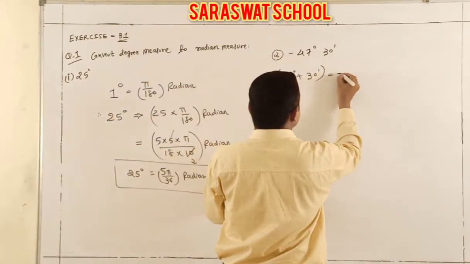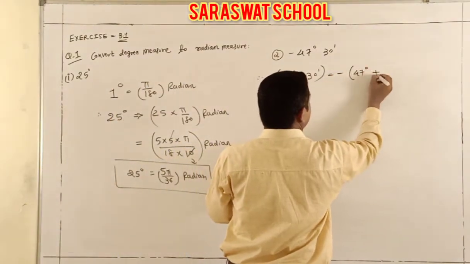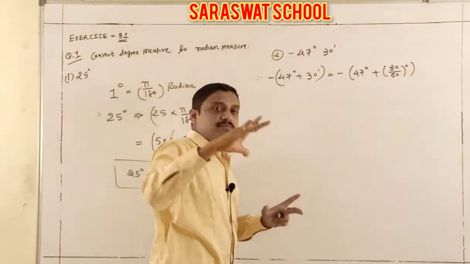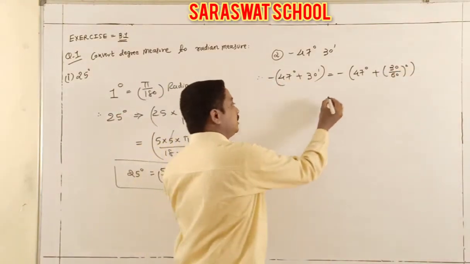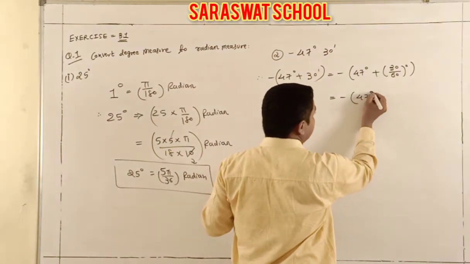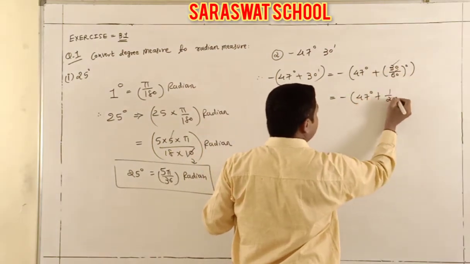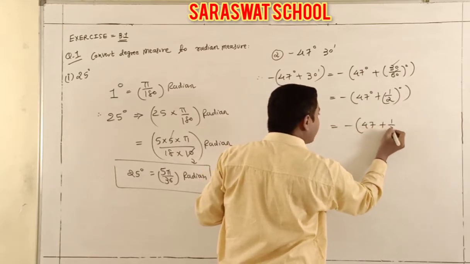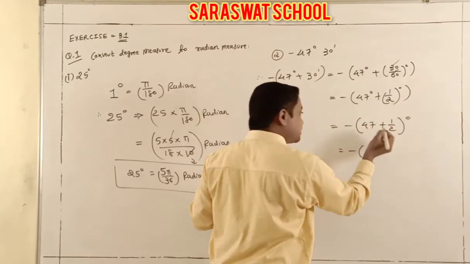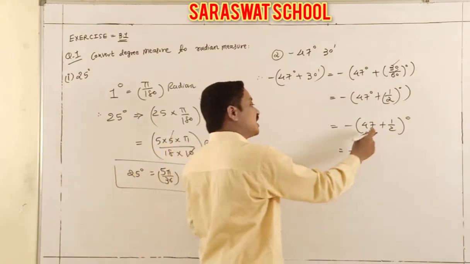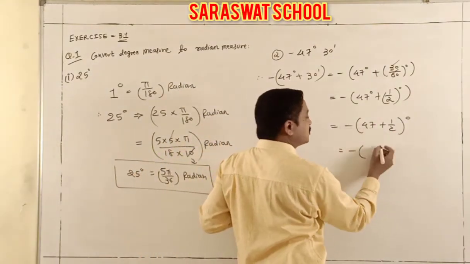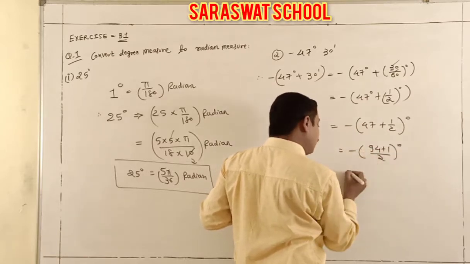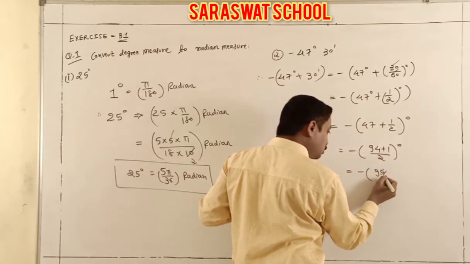So you get 47 degrees plus 30 by 60 degrees, that is 47 degrees plus half a degree. So what do you get in total? 47 plus half: 7 fours are 28, 7 twos are 14, plus 1, 4 twos are 8, 94 plus 1. It gets 95 by 2 degrees.